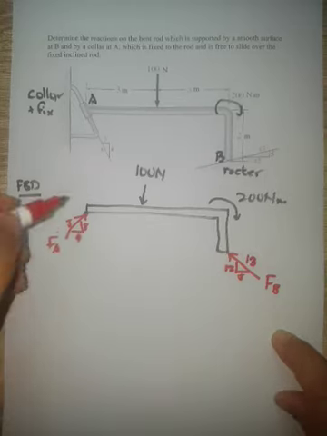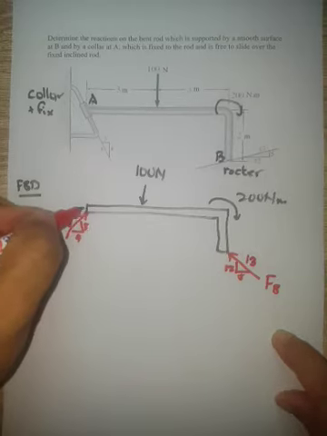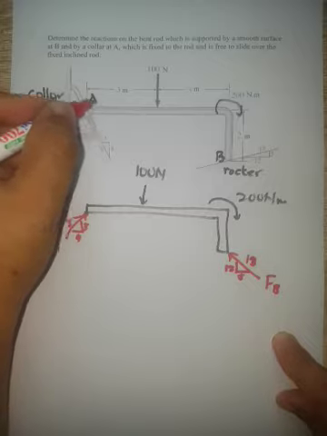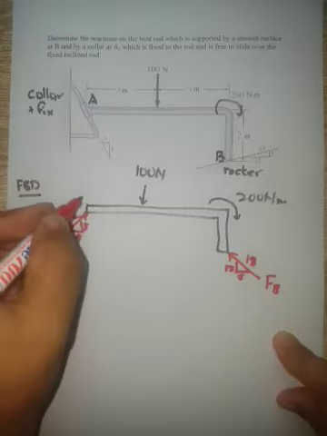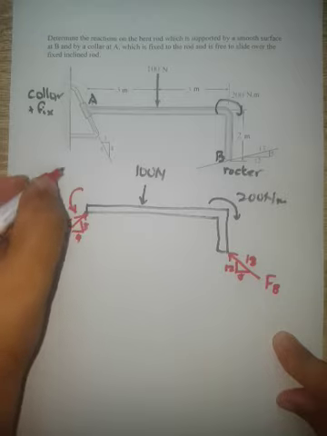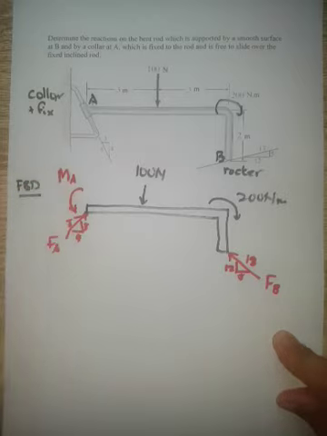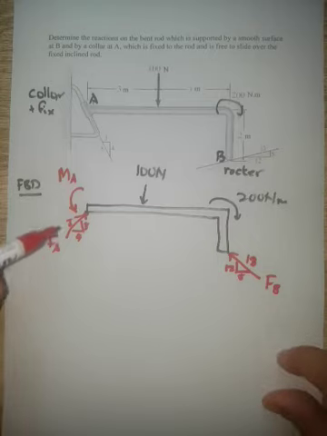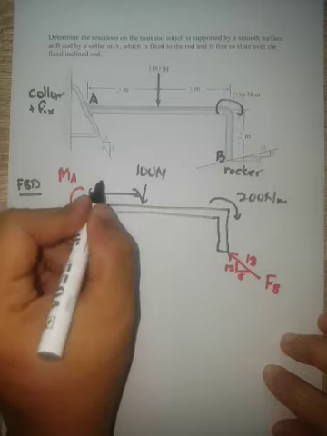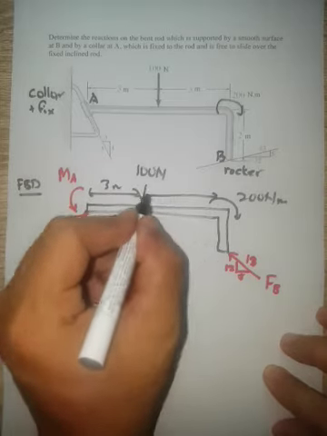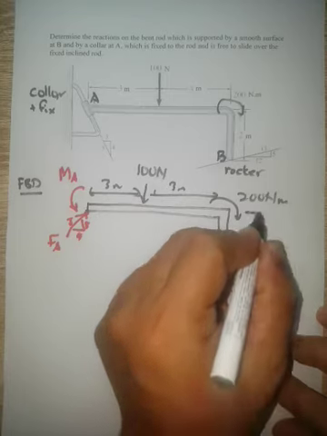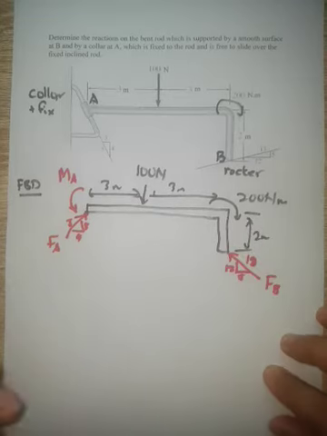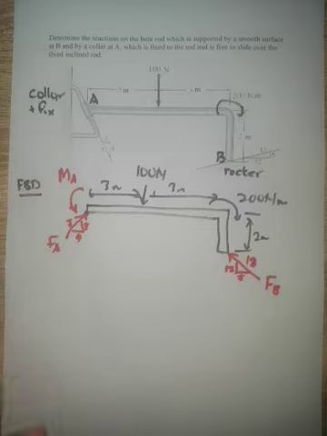Since this is a fixed support, the frame cannot rotate, so we have a reaction moment here, which we call MA. We don't know the direction, so you can put any direction for the unknown forces or loading. Next we label the dimensions here as 3 meter, 3 meter, and the height here is 2 meter. Done the free body diagram of this frame.